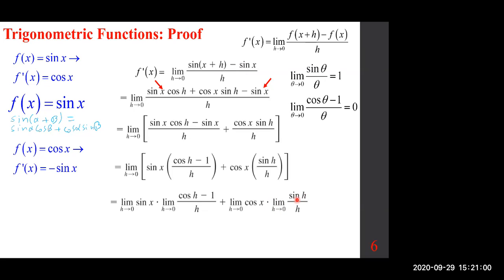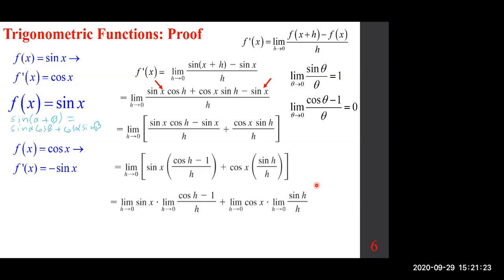Okay, look at the limits that we have here. And using the same limits, this one is this one. You're changing the theta to h, big deal. And the first one is this one, you're changing the theta to h. I hope you realize it's really not that big of a deal, class.